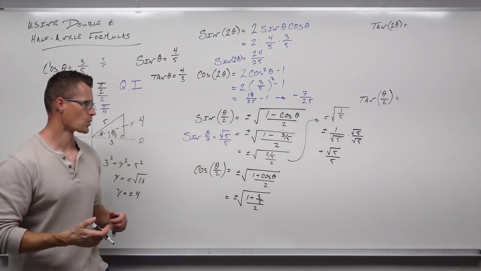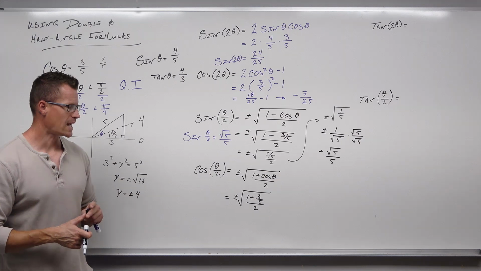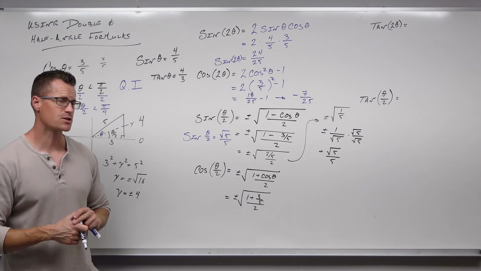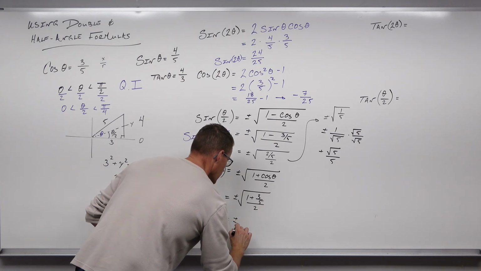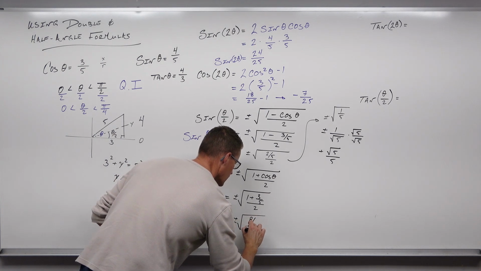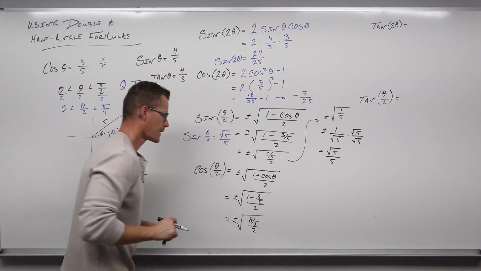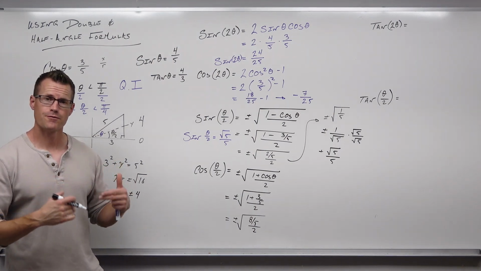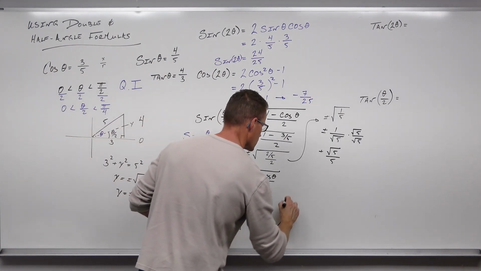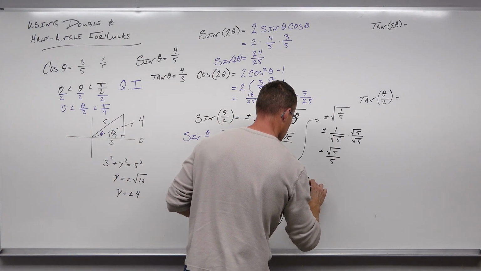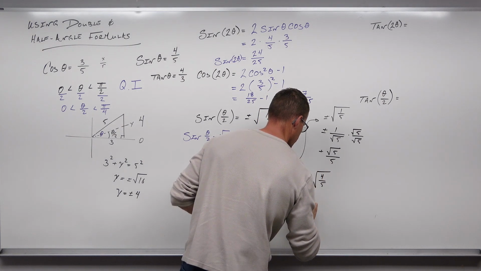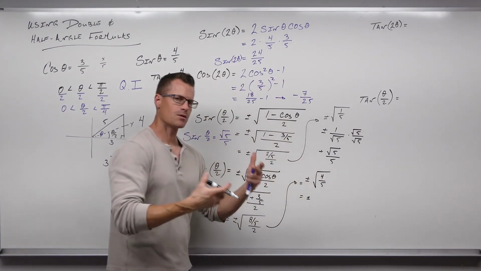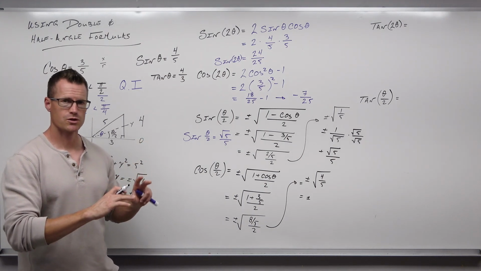Do some similar work. We're not subtracting, we're of course adding. So let's see, 5/5 plus 3/5 is 8/5. 8/5 divided by 2 is 4/5. If we take and apply the square root, we're going to get 2 over square root 5.